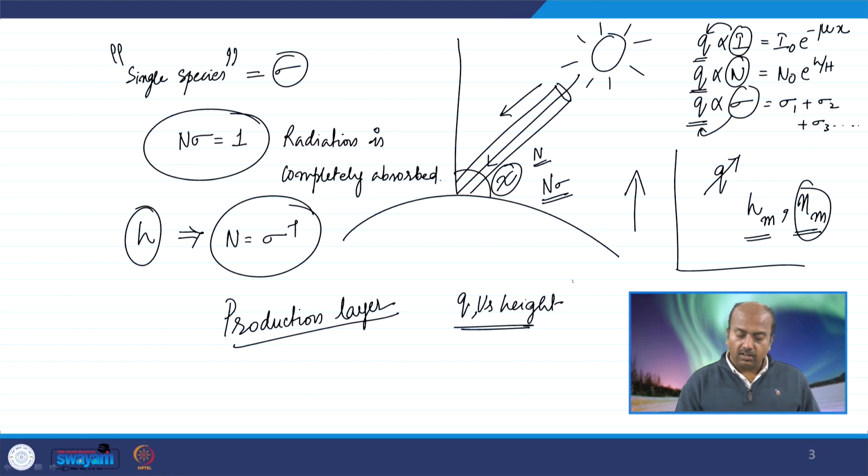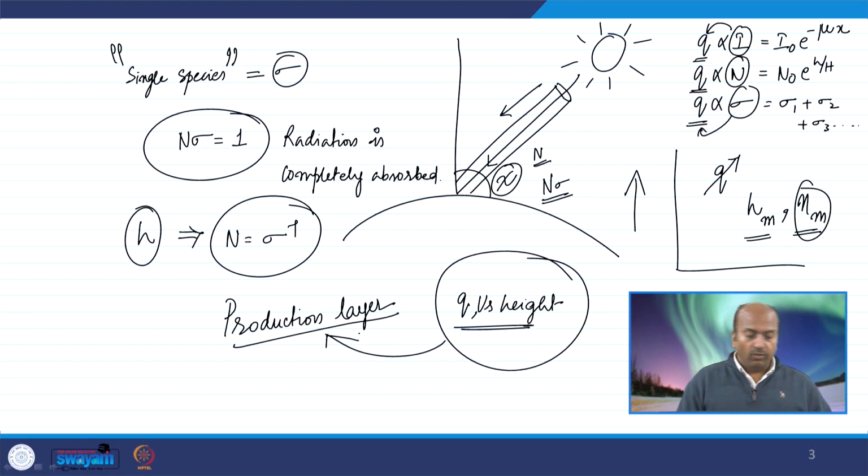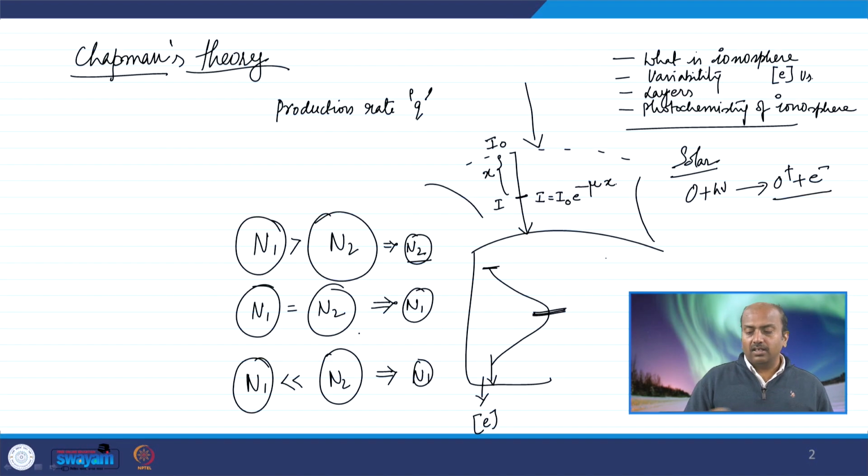Before we introduce the assumptions of Chapman's theory, we will look at the basic things we have learned: the production rate, the rate at which electrons are produced per unit time, is not constant throughout the ionosphere, and for example, the electron density is not constant. So, what decides this?